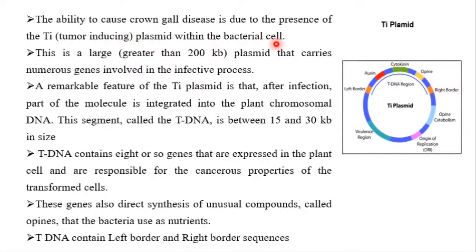The presence of the TI plasmid in the bacterial cell leads to the formation of crown gall in the Agrobacterium infected dicotyledonous plants.